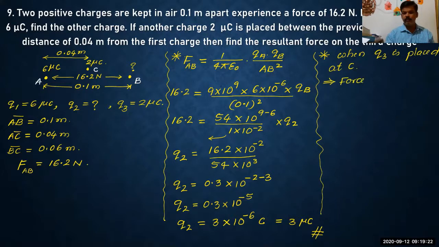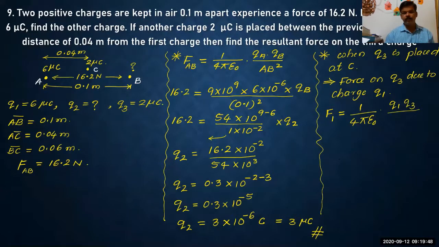Force on Q3 due to charge Q1 can be written as F1, which is 1 divided by 4 pi epsilon naught into Q1 Q3, because it is the force between Q1 and Q3. Then the distance between them is AC square.